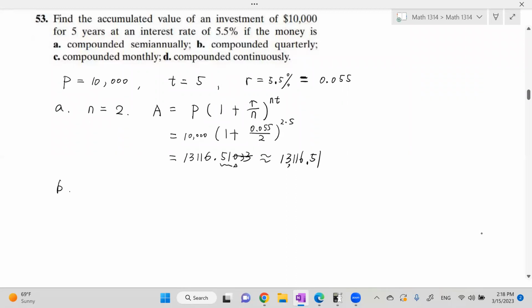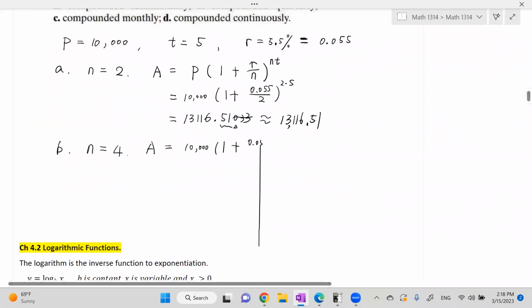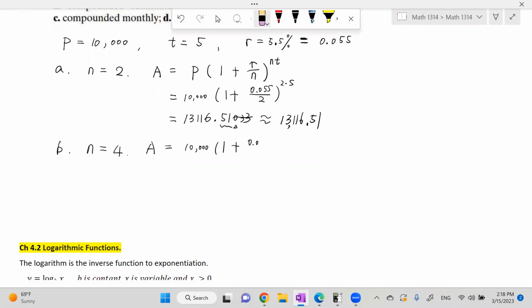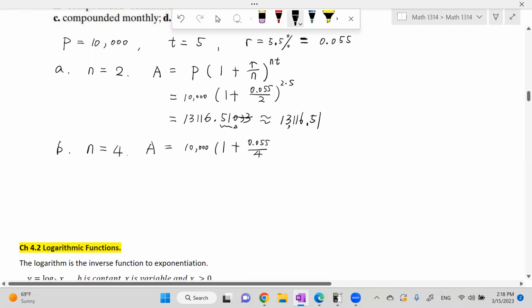So part B, what is N for compounding quarterly? Quarterly means you compound 4 times a year, so N is 4. And for A, we use the formula, so I can directly plug in the P, R, N and T values. P is 10,000 times 1 plus R, which is still 0.055, over 4, because now N is 4.